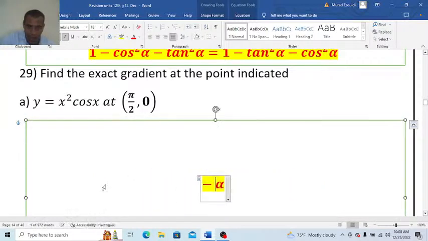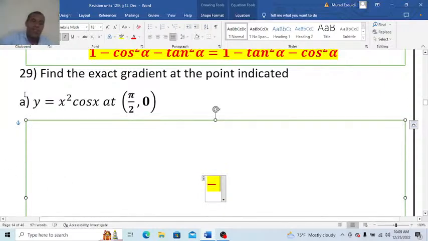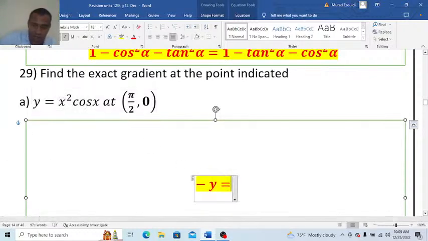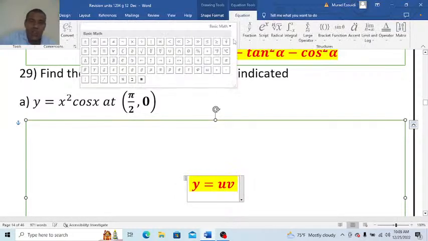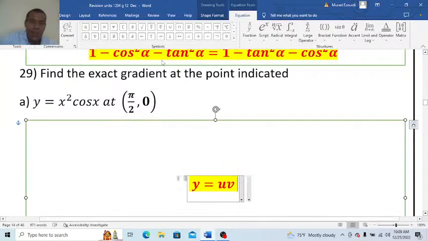Okay, here where I'm going to solve. So now I'm going to the y is x square cosine square. First of all, you can see that y is equal to the product of two functions, u times v. So to differentiate these, learners, you are going to differentiate u, then multiply by v, and then differentiate v and multiply by u.